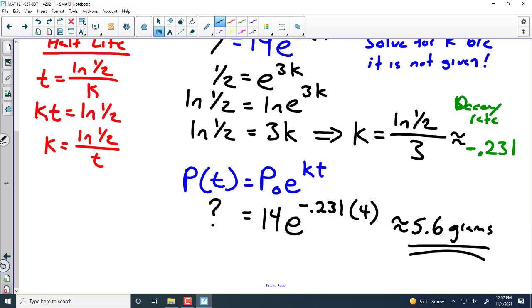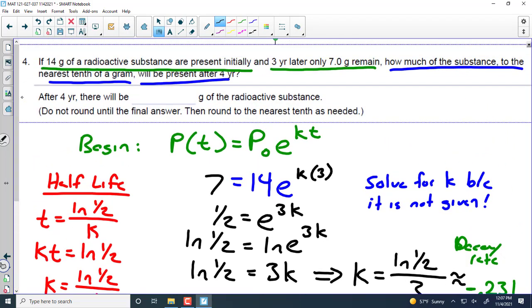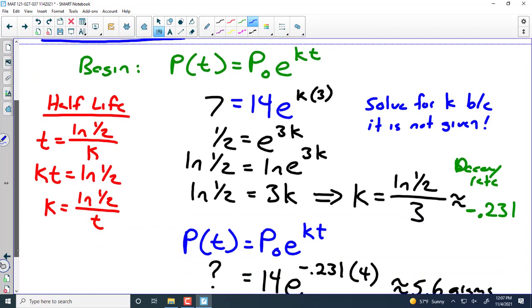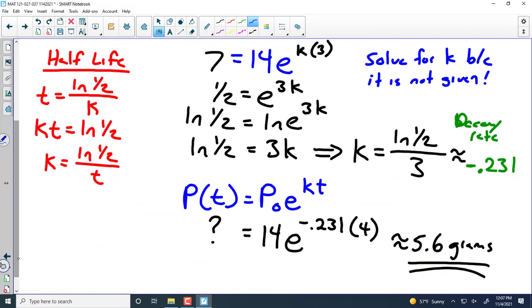But here's the big issue with this problem. It actually told us not to round until the final answer. And we did round. And I told you to round, so that's on me. I told you to round this to 3 decimal places, didn't I? So it is possible we could have gotten the wrong answer.